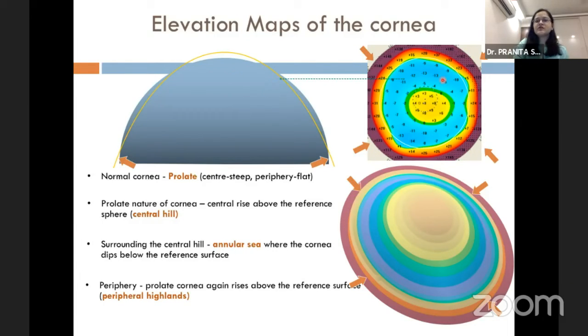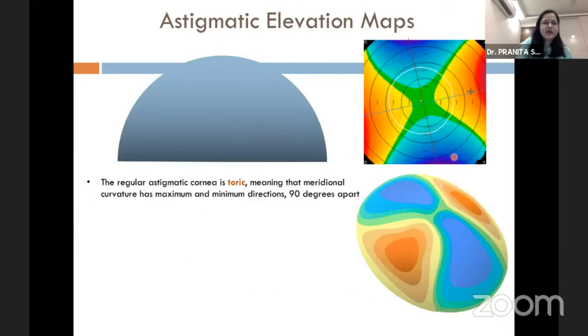The same is represented in a color-coded fashion in the elevation map. You can see in the center, as it is higher than the best fit sphere, it is yellow. In the mid periphery, as it is flatter, it is in blue. And in the extreme periphery, since it is steeper than the best fit sphere, it is going into yellow and red zones. Same for the astigmatic elevation maps.